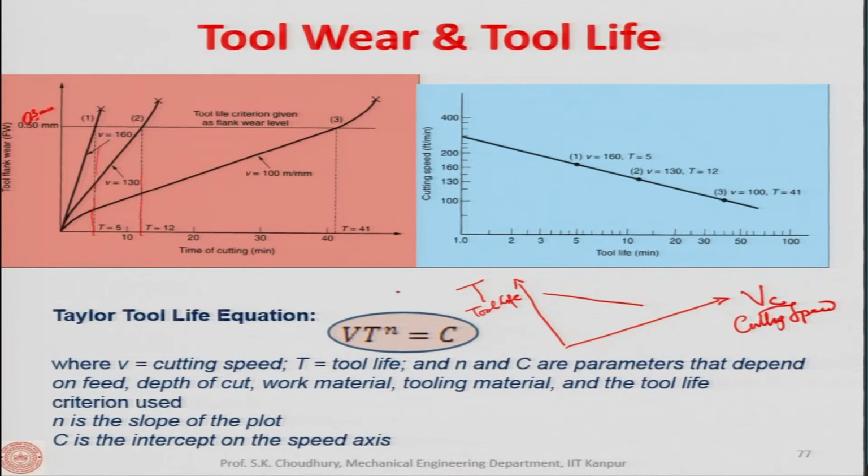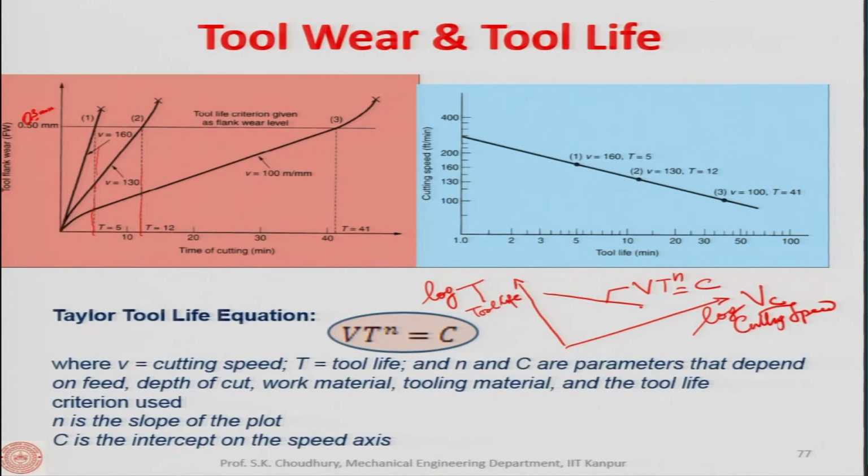Let us say we plot it in log Vc. This will be a straight line, and it is represented by the formula V t to the power n equals constant, which is called Taylor's tool life equation, popularly known.